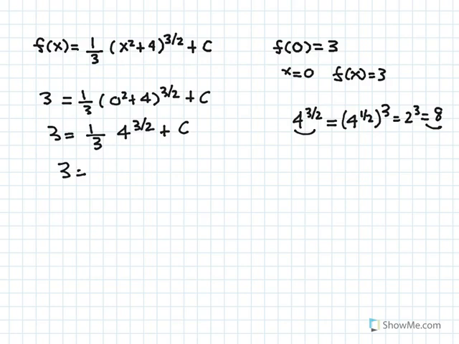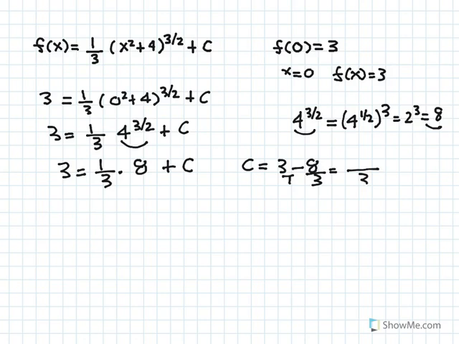So we get 3 is equal to 1/3 times 4 to the 3/2, which is 8, plus c. Subtracting 8 over 3 from both sides, we get c is equal to 3 minus 8 over 3. Subtracting these two fractions, we get 9 minus 8 is 1, we get 1 over 3. c is equal to 1/3.